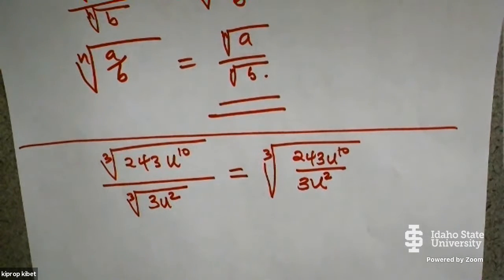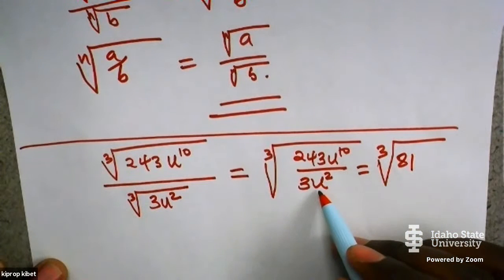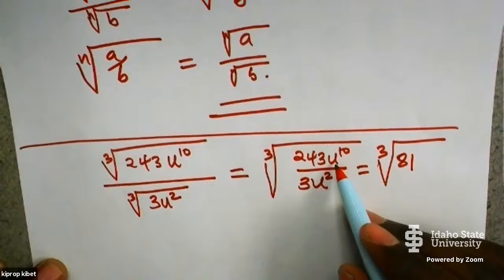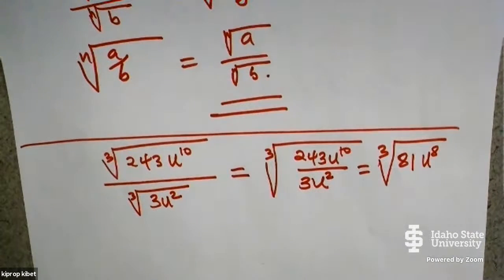Now when you simplify, when you cancel these 3 and the other one, what do you get? 81. So this is equal to the cube root of 81, and then u and u there. So u raised to 8, because this is 10 minus 2.